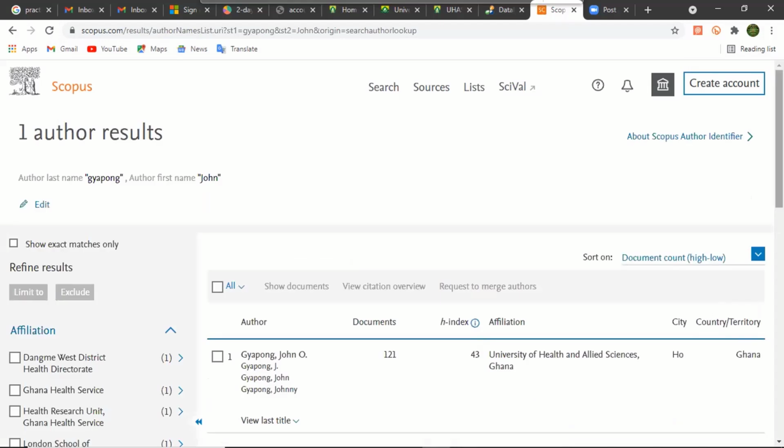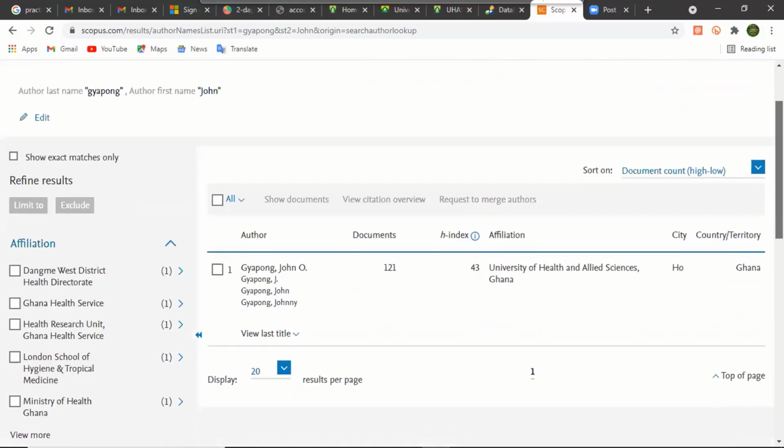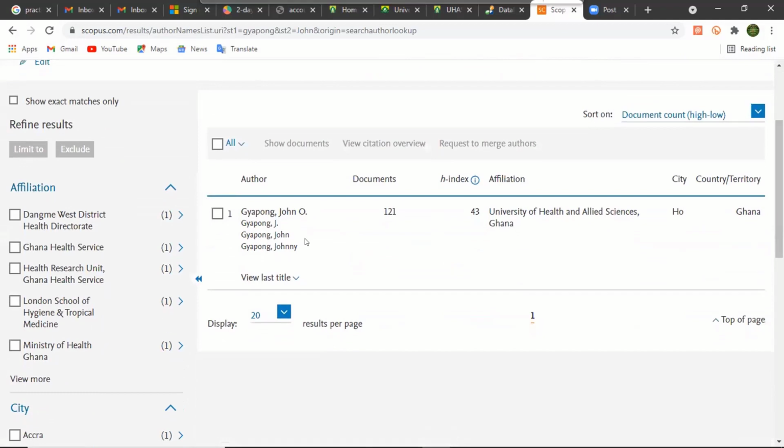Now, the interesting thing you should note about the author search in Scopus is that when the author has multiple name entries, Scopus will prioritize the preferred order of names. So we can see that all these are different ways in which publications of our VC have been indexed.